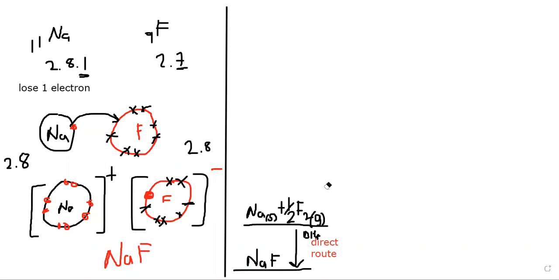If you remember, in order to remove an electron from an atom, it must be in the gaseous state. Sodium is a metal, and we know metals exist as solids in their standard state. So before we can think about removing an electron, we have to first convert our metal from a solid to a gas.